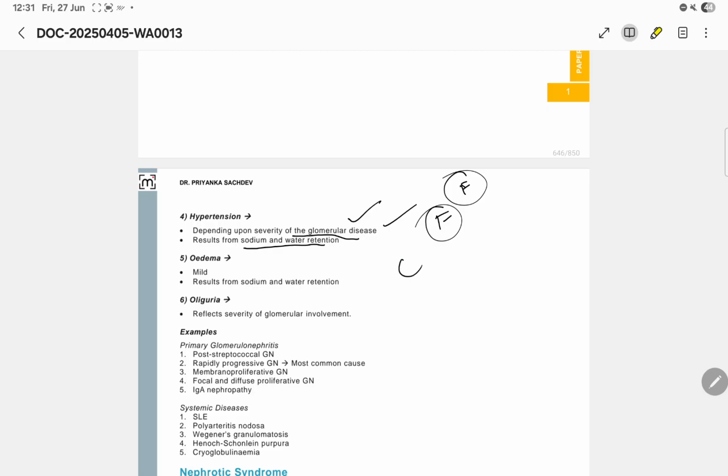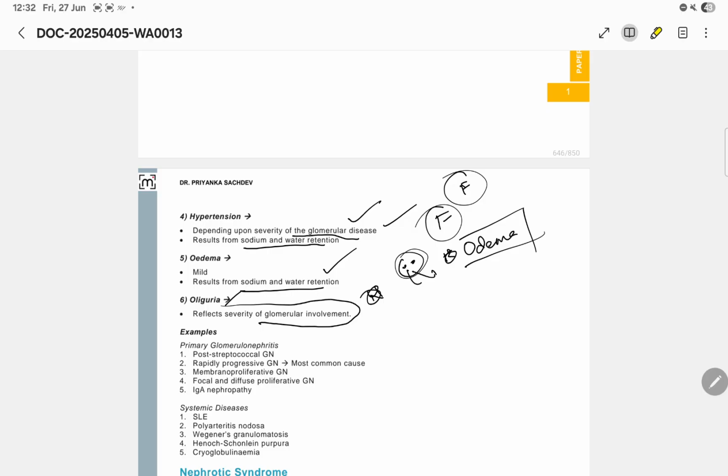Wherever water is accumulated, there will always be edema. So edema is due to the retention of sodium and water. And oliguria, reduced urine output. Oliguria reflects the severity of glomerular involvement. So a classical symptom is oliguria.